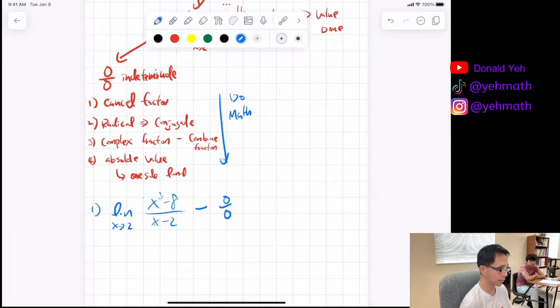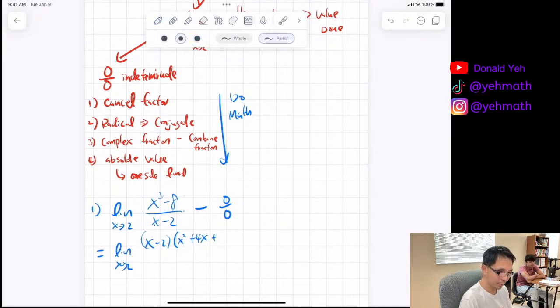You're supposed to know how to factor this from your review sheet. It's called SOAP. x minus 2 times x squared plus 2x plus 4.